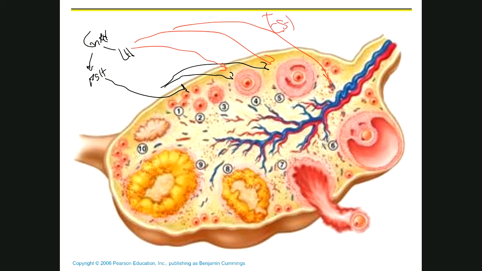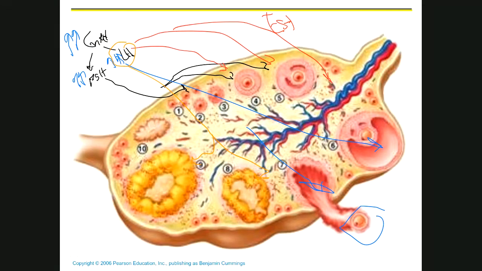And then we're going to get this spike. We're going to get a spike in GnRH, a big jump, which is going to give us a spike in FSH and a spike in LH. And when that happens, we're going to get ovulation. But not only that, that LH is going to cause that to become a corpus luteum.